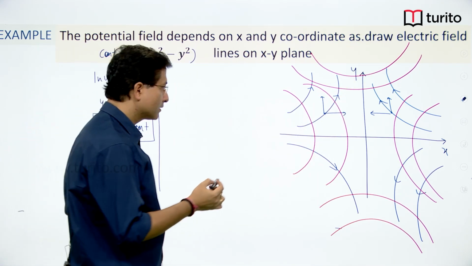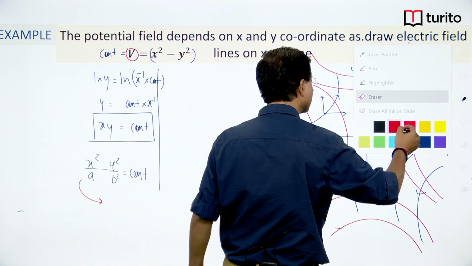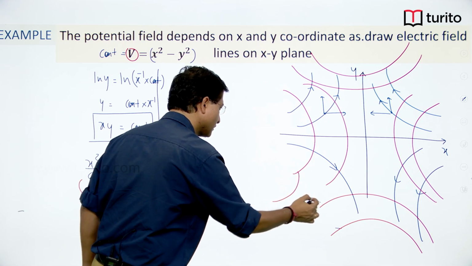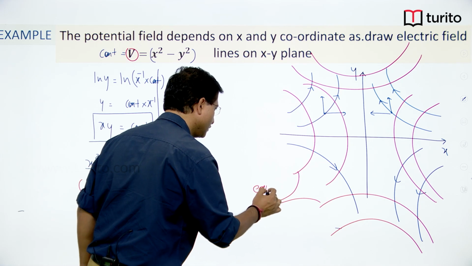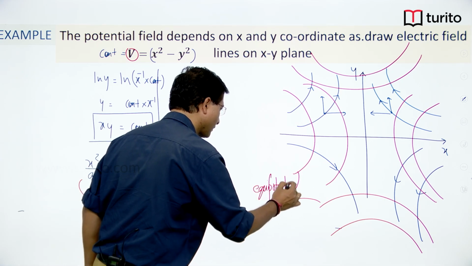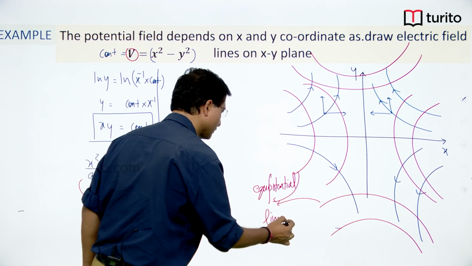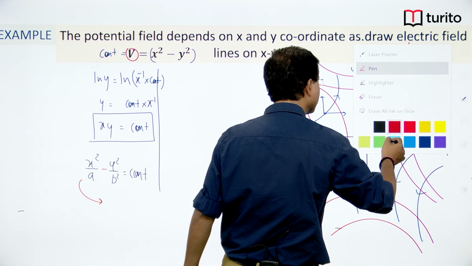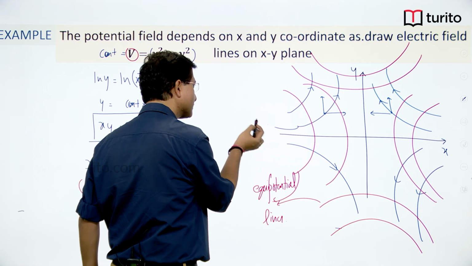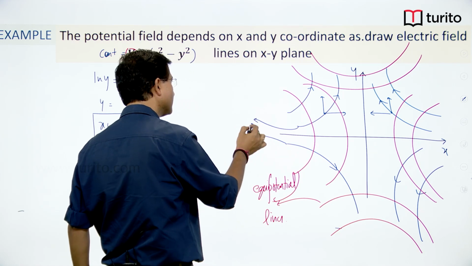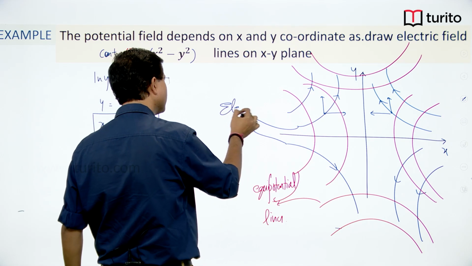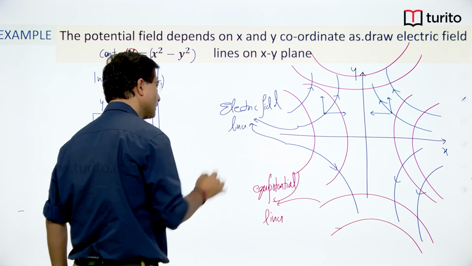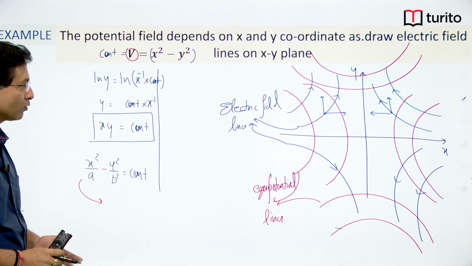What I am saying is, these red lines are equipotential lines. And the blue ones, these blue lines, these are field lines. So now I hope the complete picture is clear.